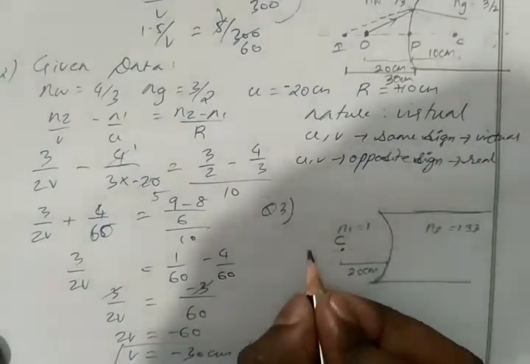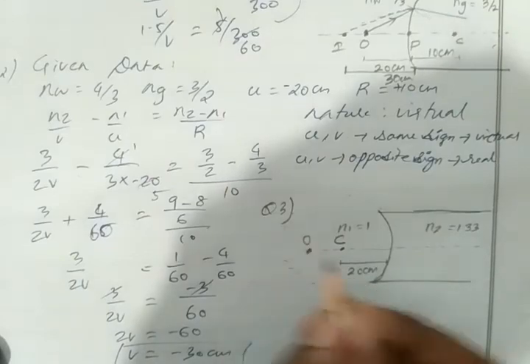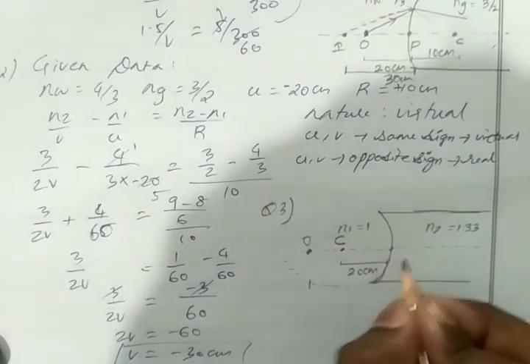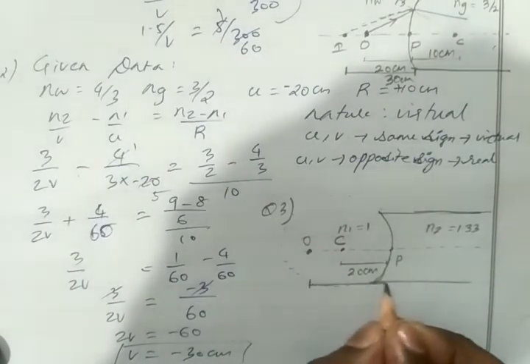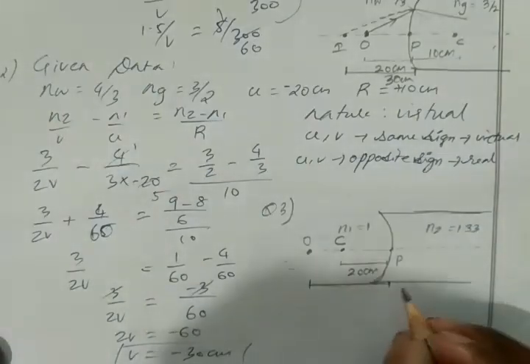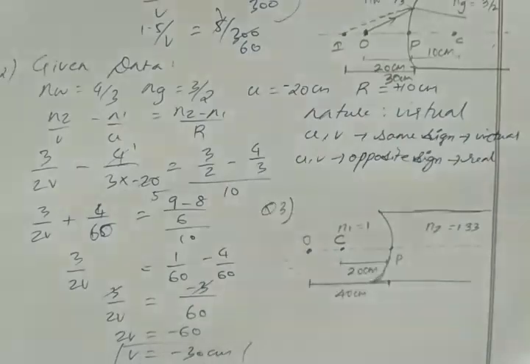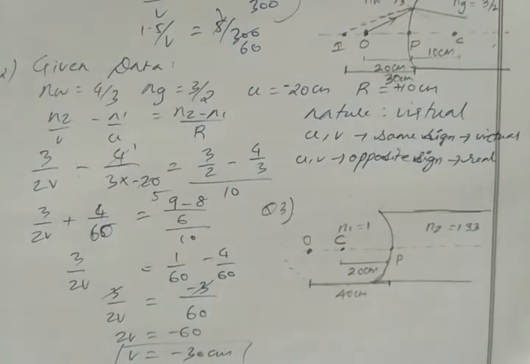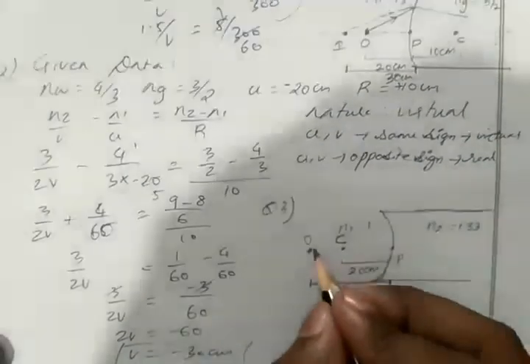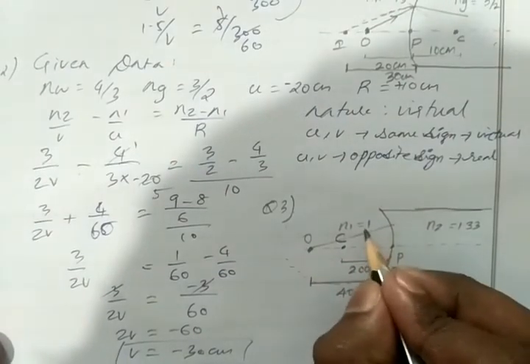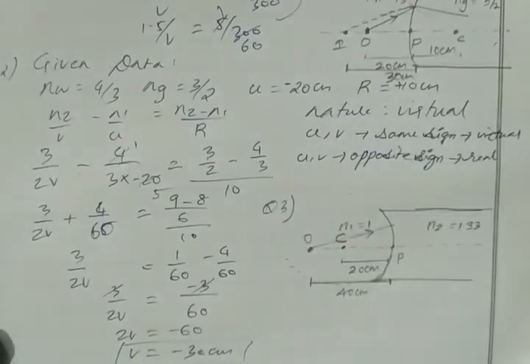Then we have the object here, and the object distance is also given from the pole, 40 centimeter. So rays come from here in this direction.